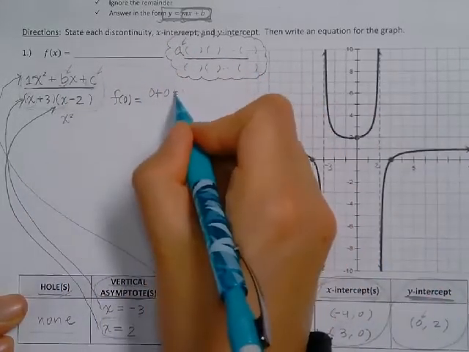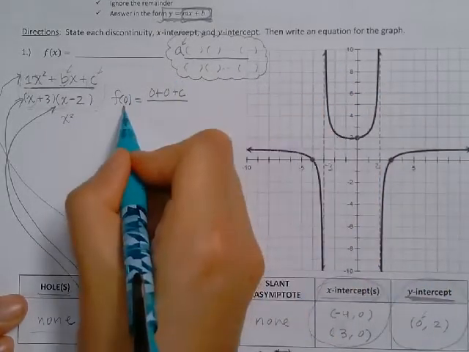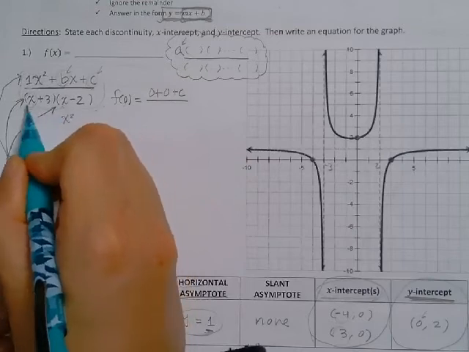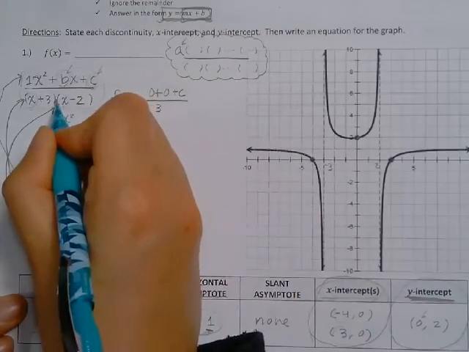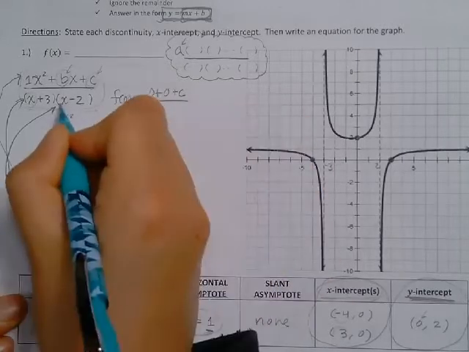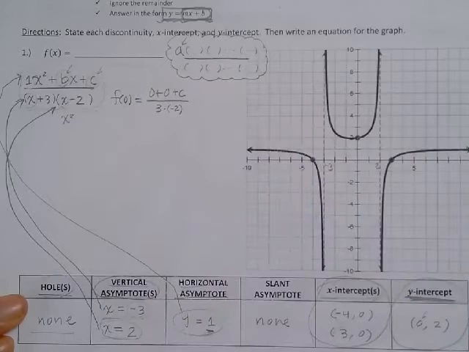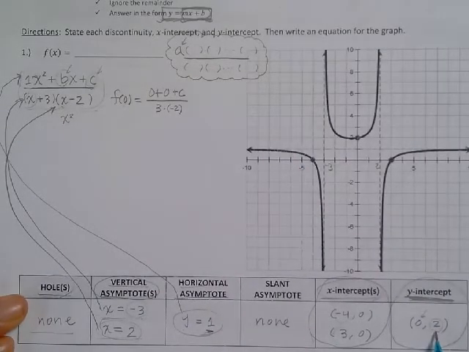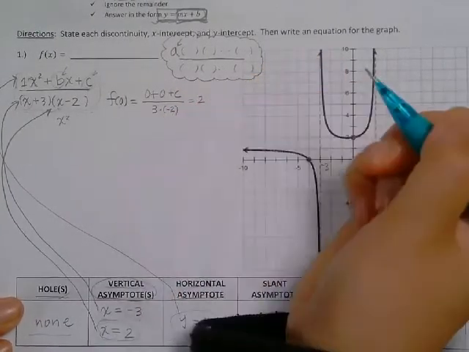Then c is copied down, all over. Now I'm still plugging in 0 here and there. 0 plus 3 is 3, and they are multiplying, so times 0 minus 2, which is negative 2. Then equal to what value? It's right here, 2.